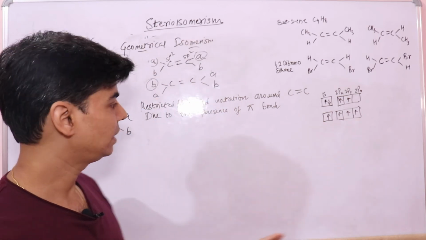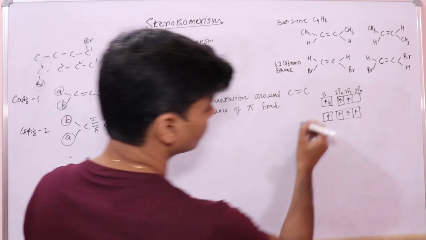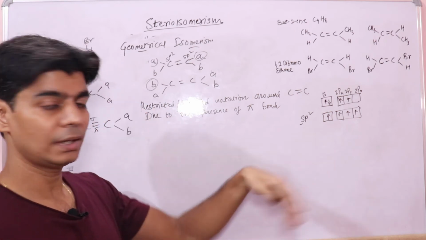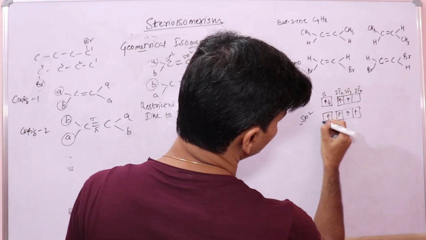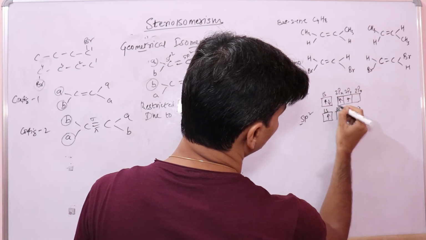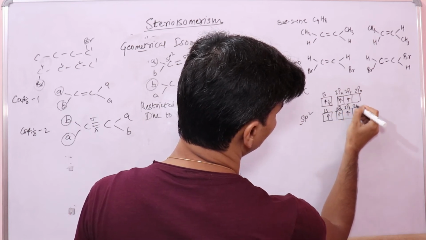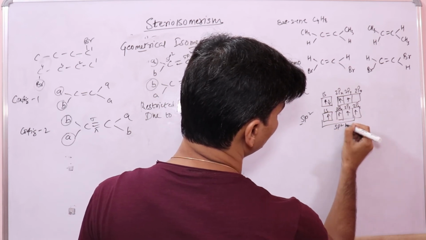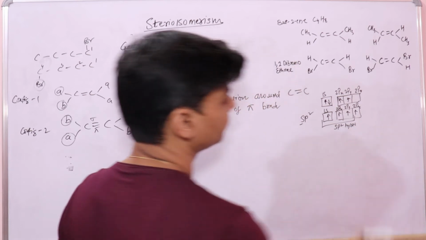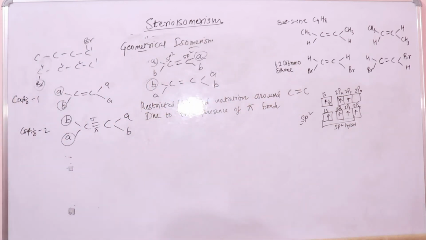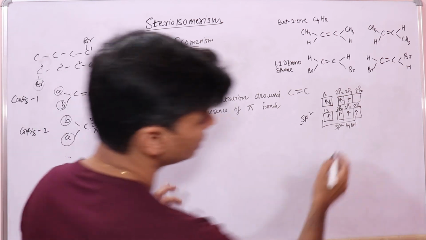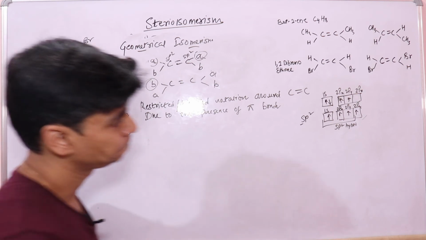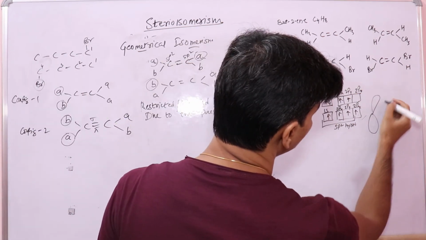In sp2 hybridization we have one s orbital and two p orbitals, so 2s, 2px and 2py undergo sp2 hybridization, and you can see this 2pz orbital has not taken part in hybridization.